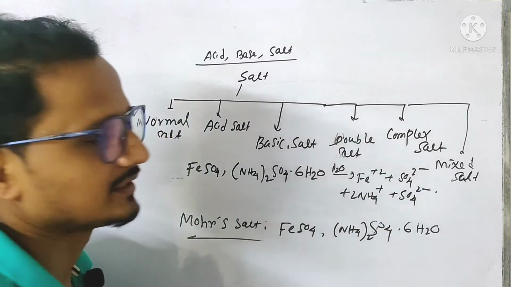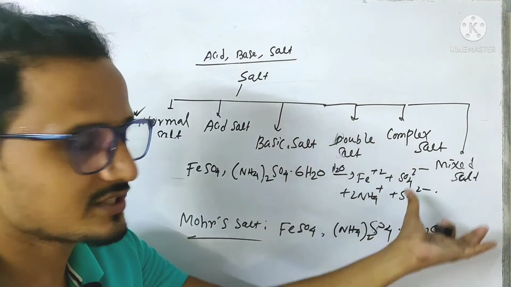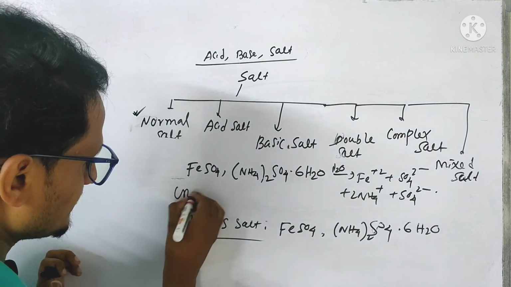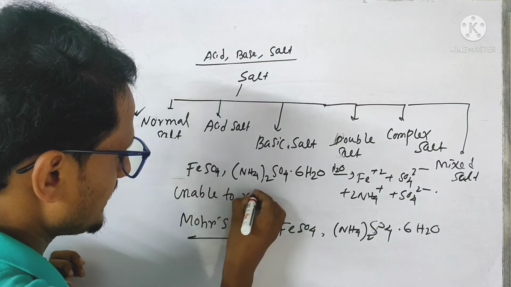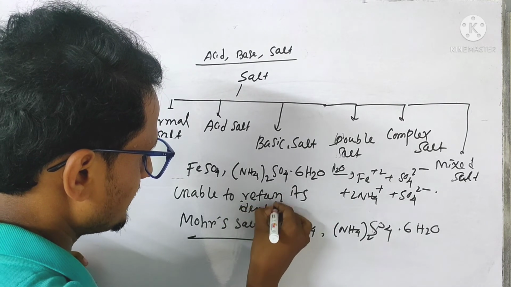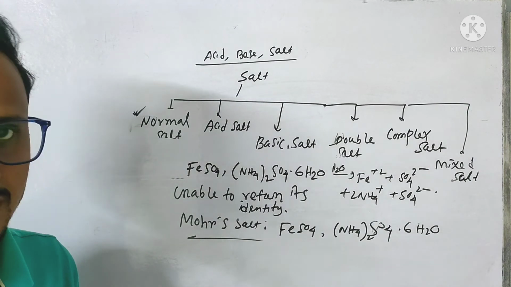Right now it is in aqueous solution, not in crystalline form, so it is unable to retain its identity. So these are the double salts.